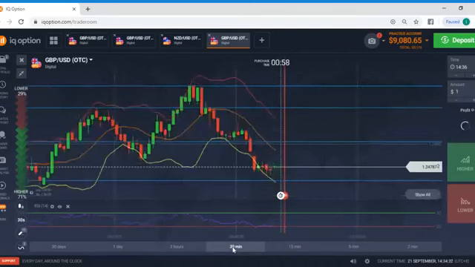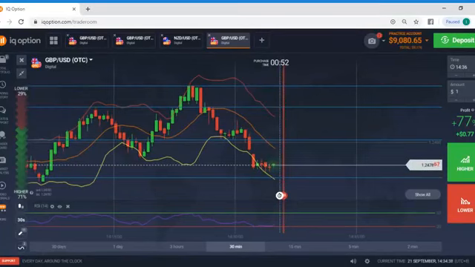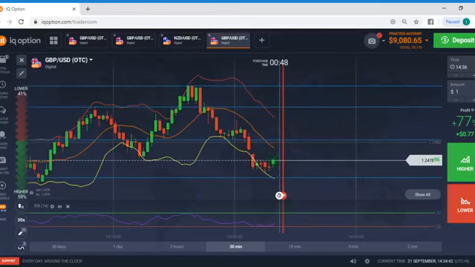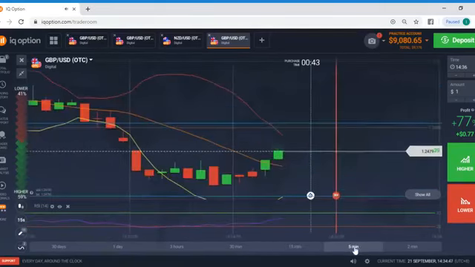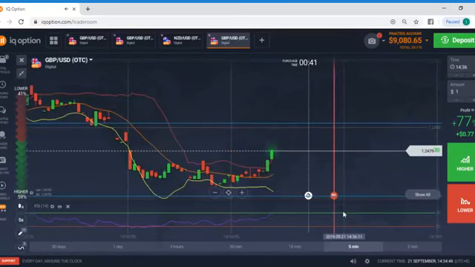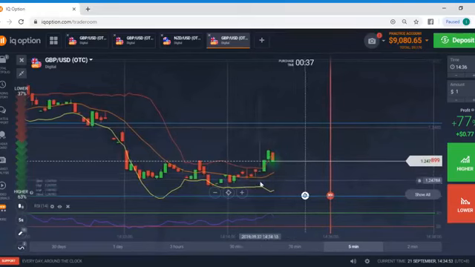So you first have to look at the longer time frame to see the overall direction of the stock or the currency pair, and then you can go to a much faster time frame, following the same methodology. The indicator that we are using is the Bollinger Band.